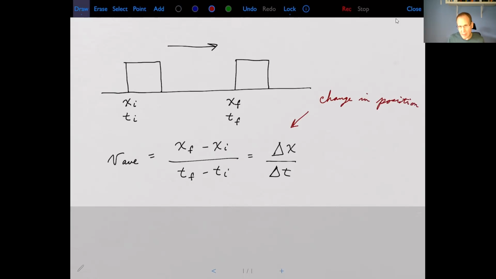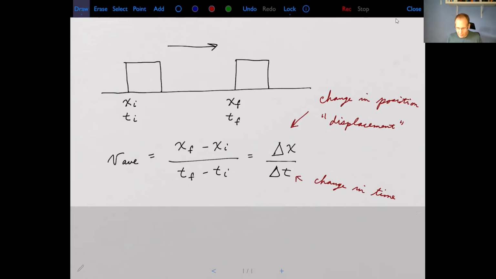But that has a special name that's called the displacement. So this is really the displacement. And of course, in the denominator, we have delta T, which is the change in time. So the average velocity is defined as the change in position or the displacement divided by the change in time of the object. In this case, it's the cart that's on the air track.